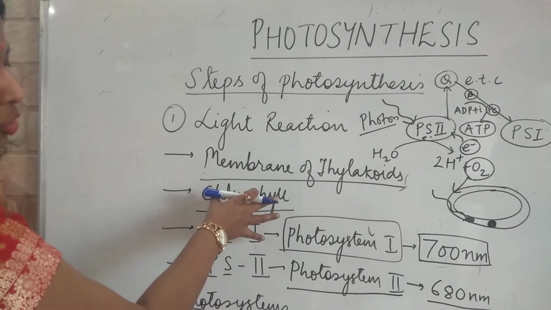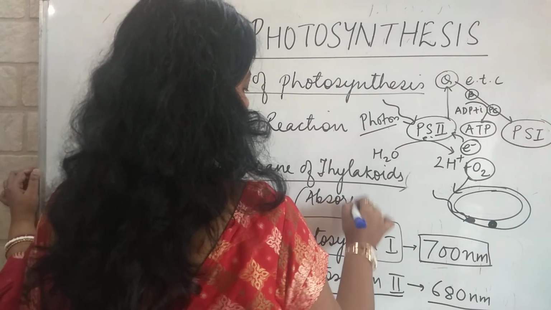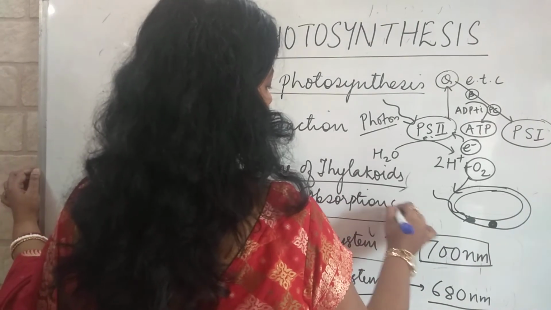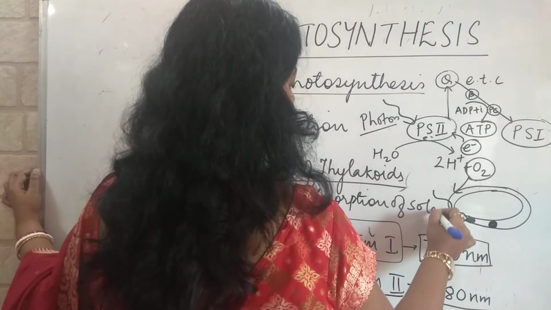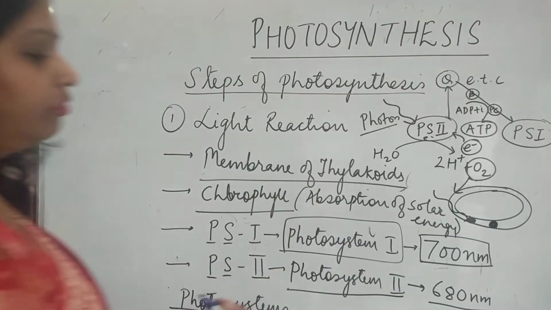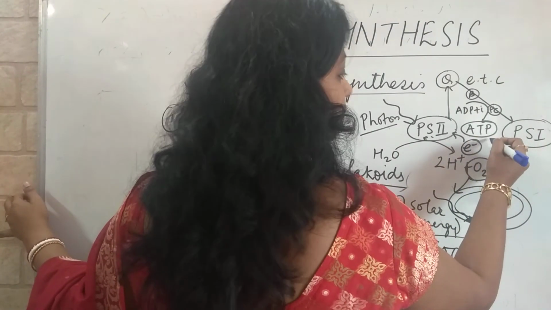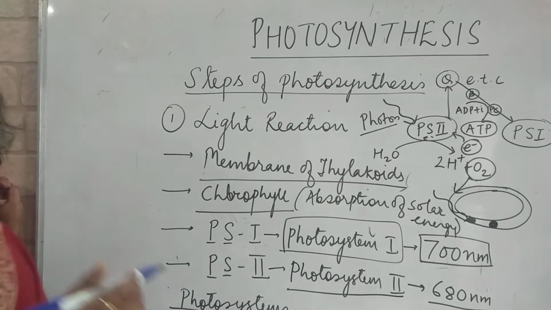First is absorption of solar energy and then converting it into chemical energy. This conversion is known as light reaction.